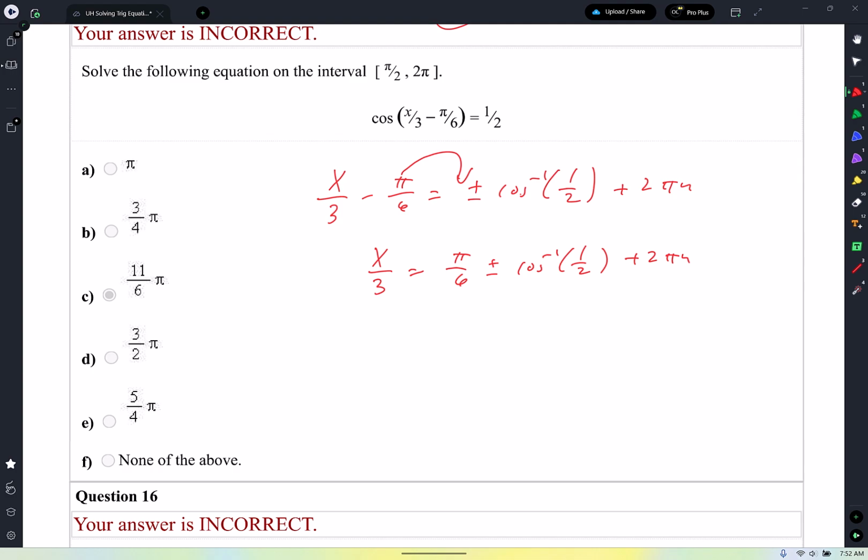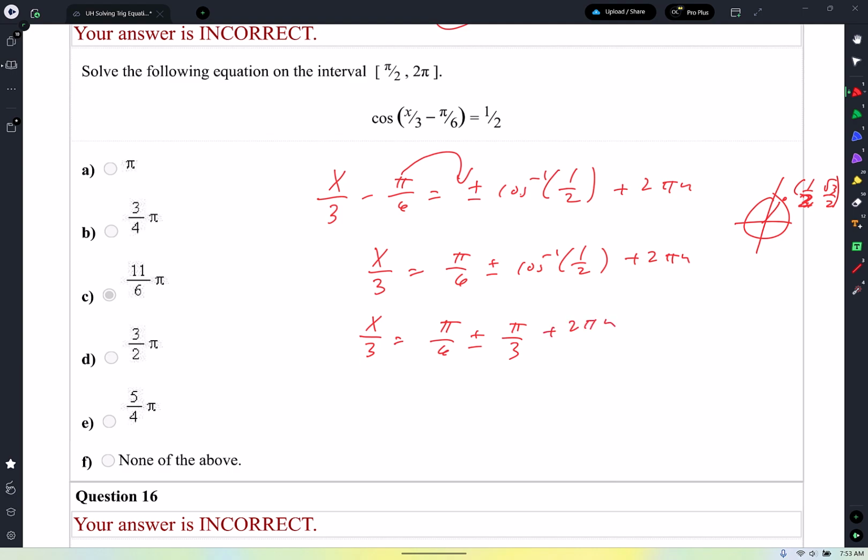And then I guess let's go ahead and take care of that. X over 3 equals pi over 6 plus minus, the first time that cosine is a half is bam, up there, pi over 3, because up here that's 1/2 comma square root of 3 over 2. And that's pi over 3 there, plus 2 pi n.